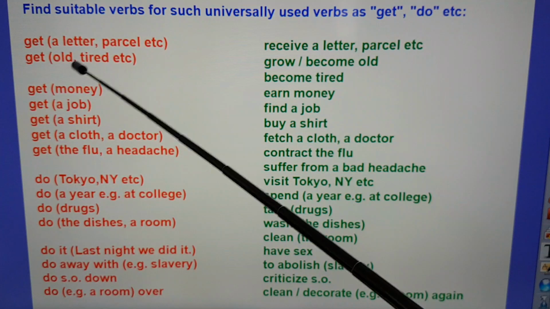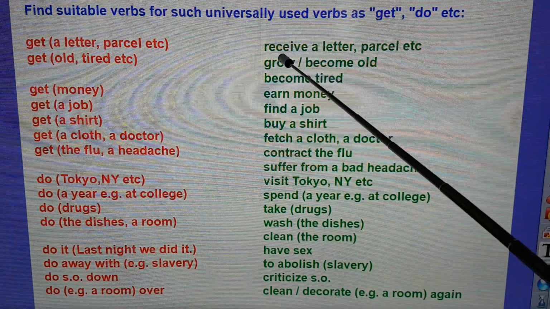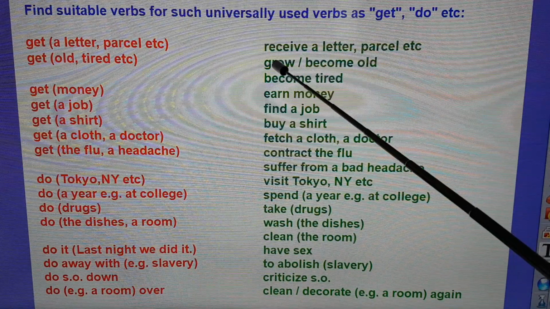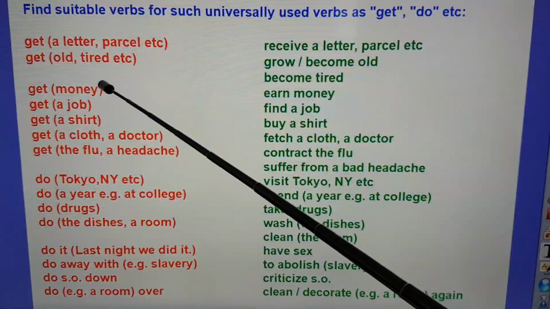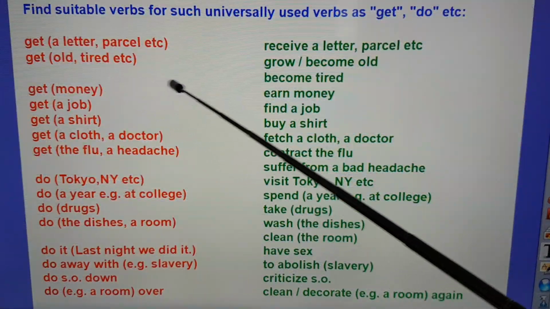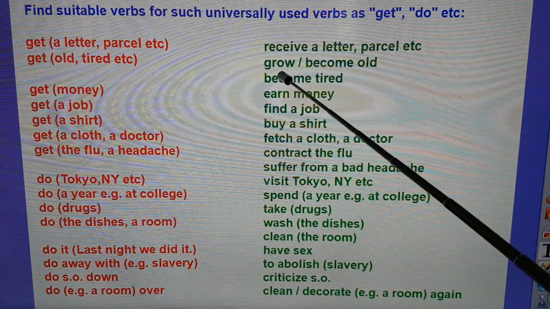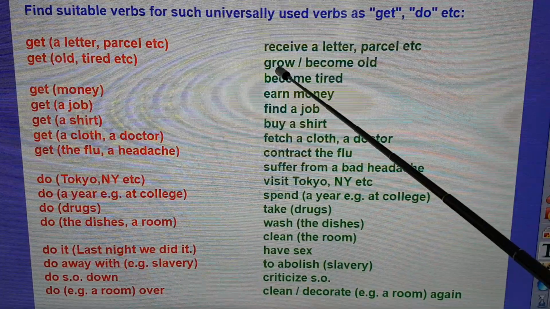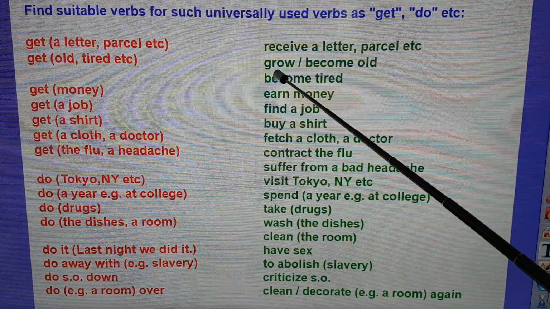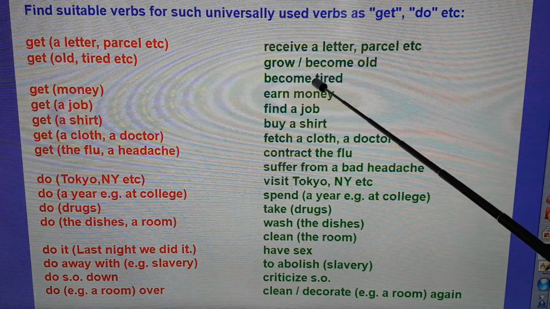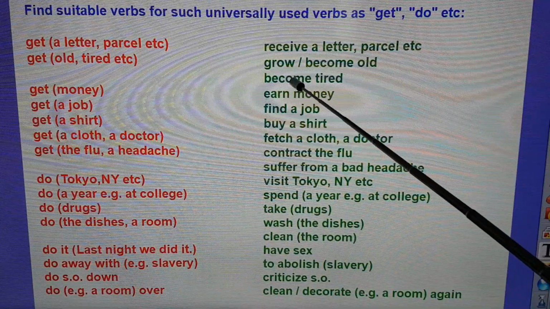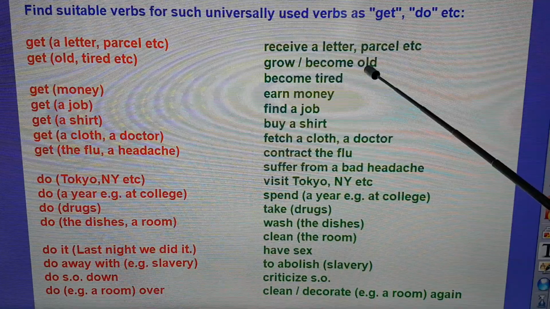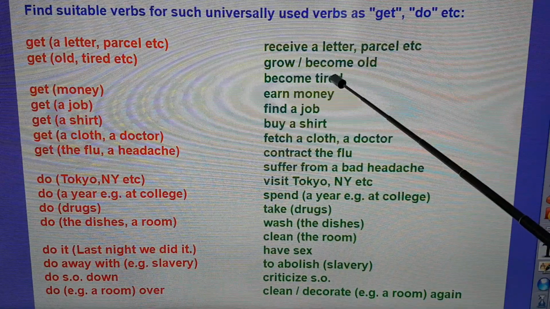So, get a letter. You may also say you receive a letter or a parcel. When somebody is getting old or tired, you can also say, my father has grown old, or I'm becoming tired now. Grow and become go together with old very well.